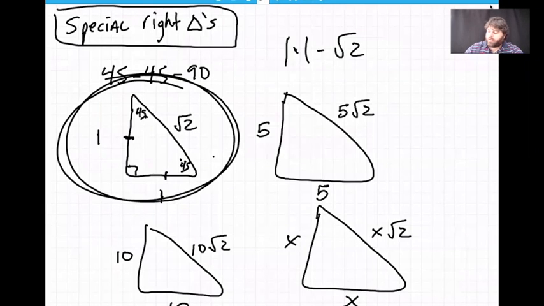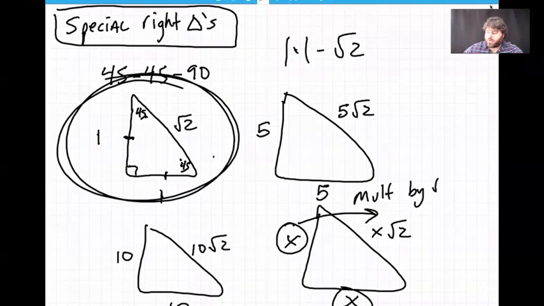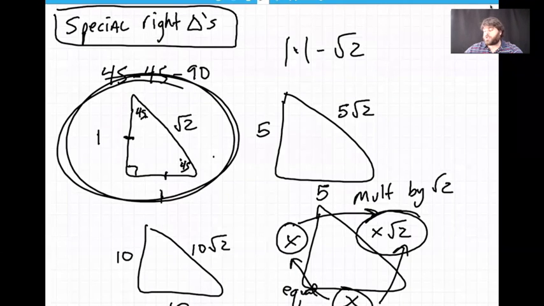Now, in general, if you know the legs, these sides, you find the hypotenuse by multiplying by the square root of 2, okay? Either way, and these are always going to be equal. Now, if you're given the hypotenuse, you don't multiply, you do the opposite. You divide by the square root of 2.